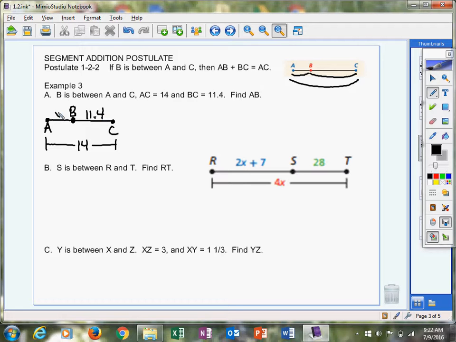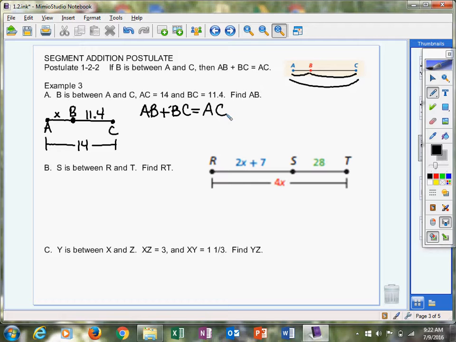So anytime we don't know something in algebra, we assign that a variable. And that's what we're going to do this time. We are to find that missing segment AB. So what we know is that according to the segment addition postulate, the length of AB plus the length of BC should equal the length of the whole thing, AC.